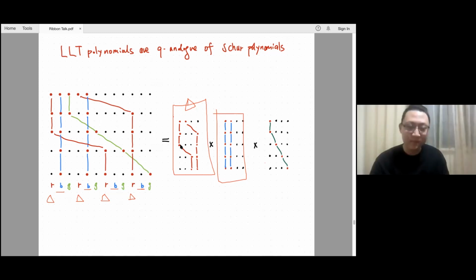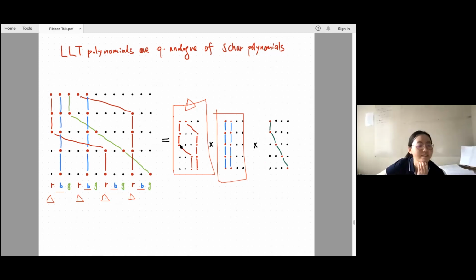Right, you can, because in the case of q equals 1, we don't care about the intersections between different colors, and that's why you can separate them. After you separate them, it's not an ordered triple. I'm not sure if I understand your question correctly, but I believe the answer is yes. Okay, thank you.